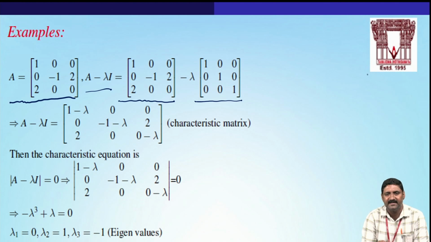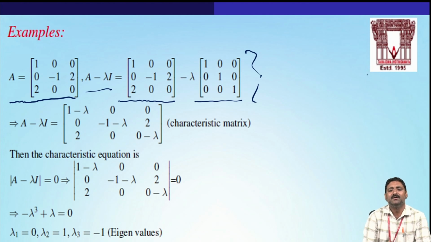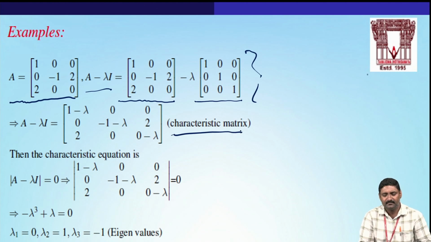What is the 3 by 3 identity matrix? 1 0 0, 0 1 0, 0 0 1. Now by simplifying this expression, we will get A minus lambda I as first row 1 minus lambda, 0, 0; second row 0, minus 1 minus lambda, 2; third row 2, 0, minus lambda. We will call this matrix the characteristic matrix.